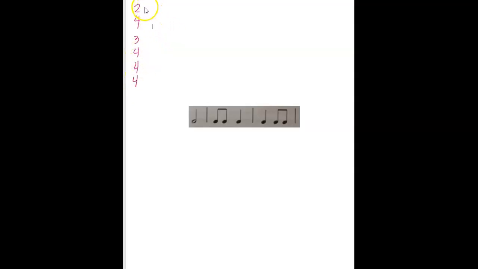The top number indicates the number of beats per measure. Then the bottom number indicates the kind or type of note.